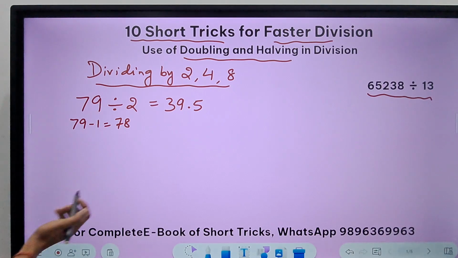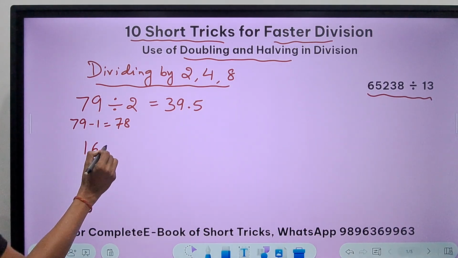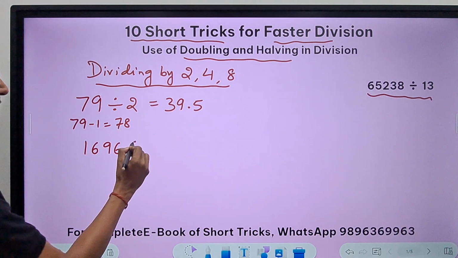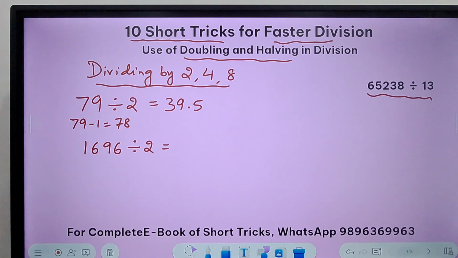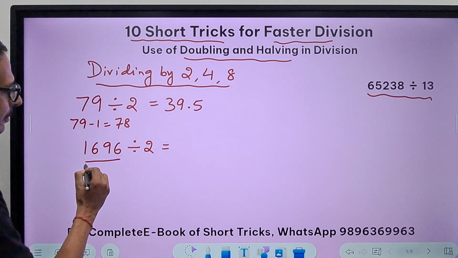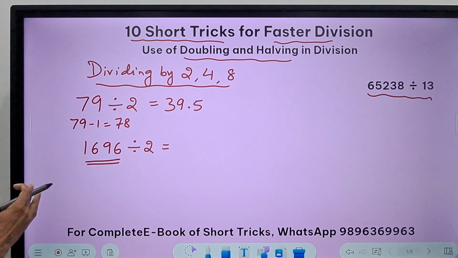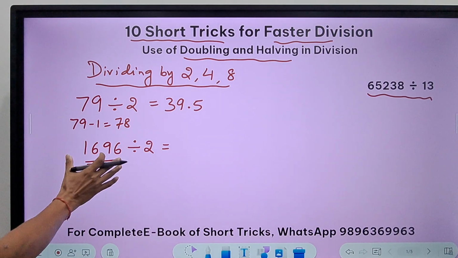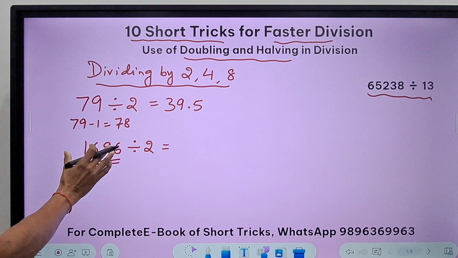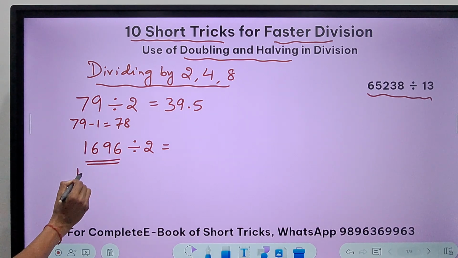When the number is even, it's all the more easier, like 1696. Suppose this is a number and I need to divide this by 2. Then halving in the mind is what works for us. How do you speak this number in your mind? Do you call this 1696? I think we are creating a problem for ourselves if we speak like this.